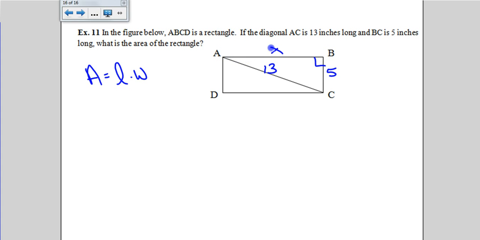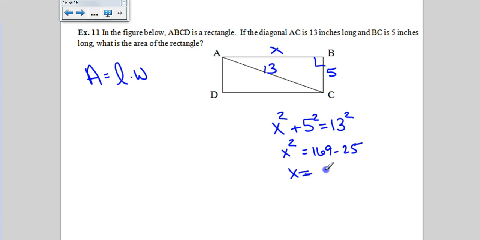So I'm thinking we have a Pythagorean theorem problem. But this time, I don't know one of the legs, and I do know the hypotenuse. So let's see, that's 169 minus 25. So that is 144, so 12.